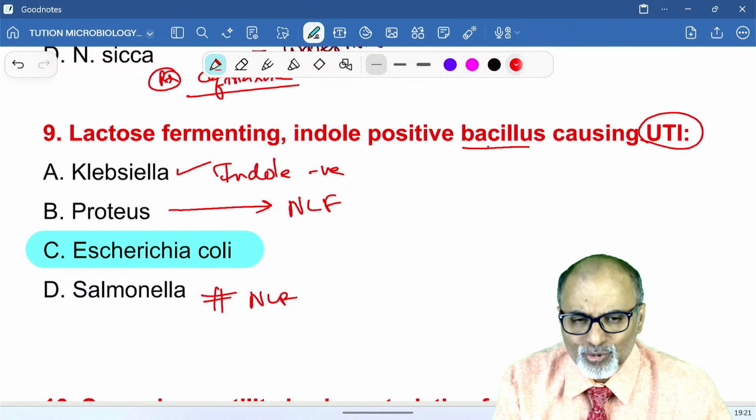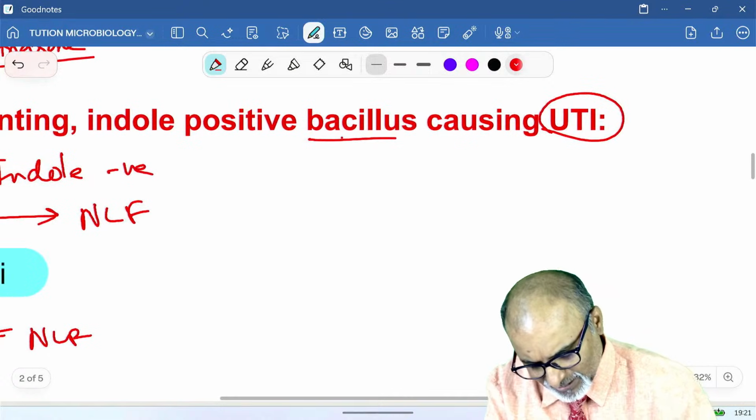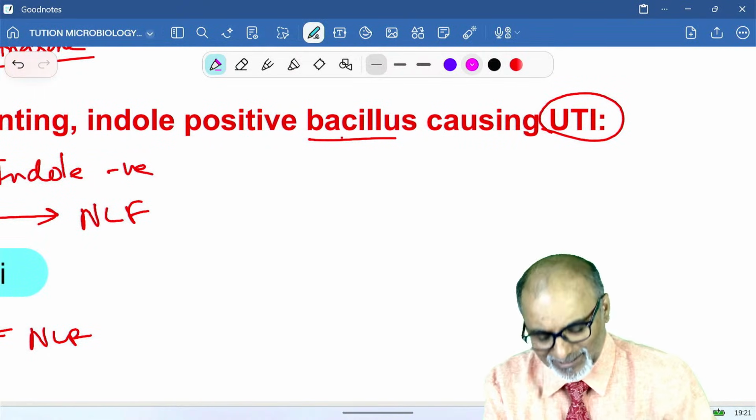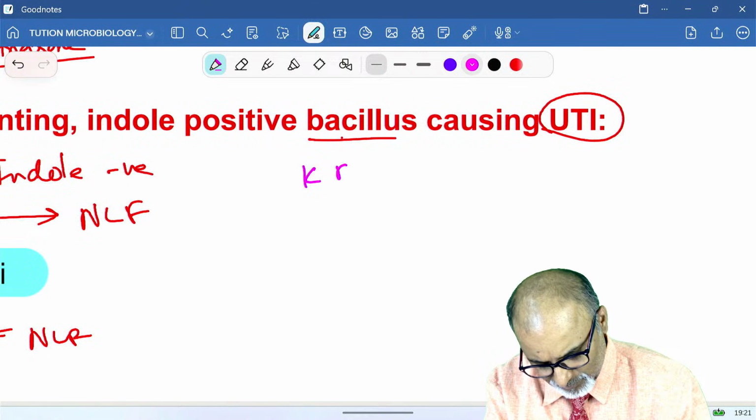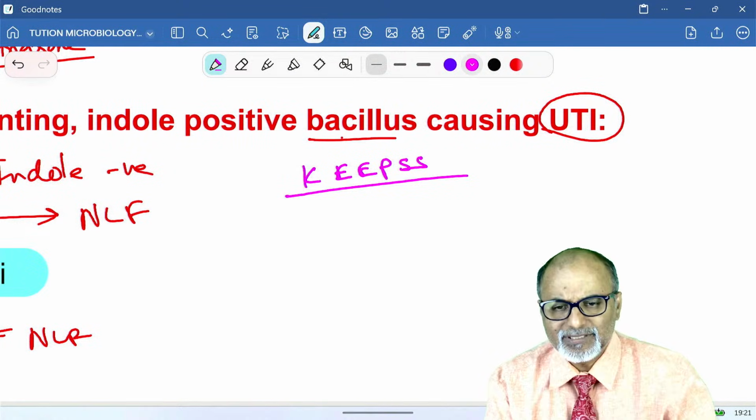For UTI-causing bacteria, remember the mnemonic. Do you remember my mnemonic? KEEPS. What is KEEPS?